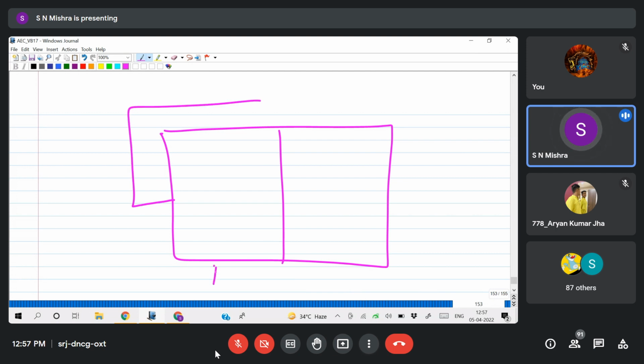So let us take this is PN and I'll reverse bias this one. So reverse bias, what we have discussed in the PN junction, the depletion region will be wider, yes or no?